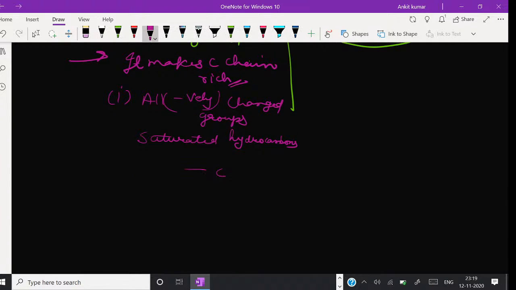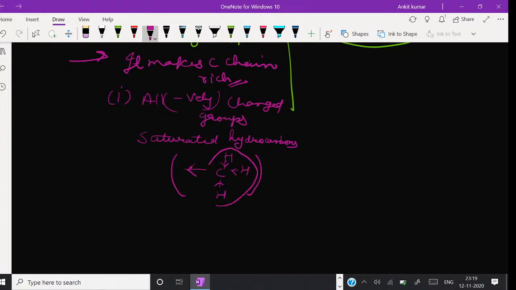Carbon will draw electron towards itself and transfer to the next member of the chain.